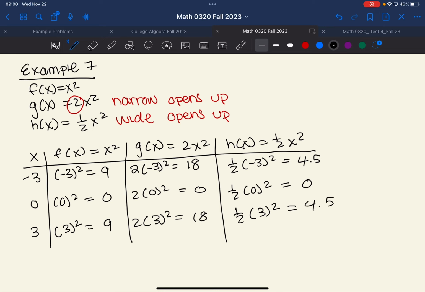Okay. Notice that all of my origins are the same. So that means they share the same vertex. It's all going to be at 0, 0. The only thing that's changing is the numbers on either side. So either they're smaller or larger, depending if they're going to be narrow or wide.